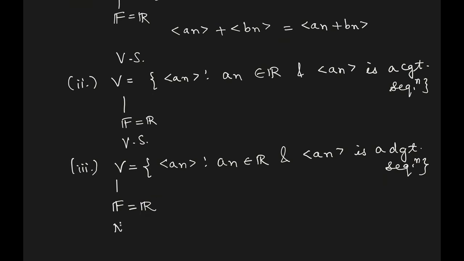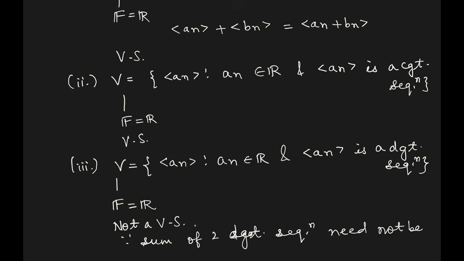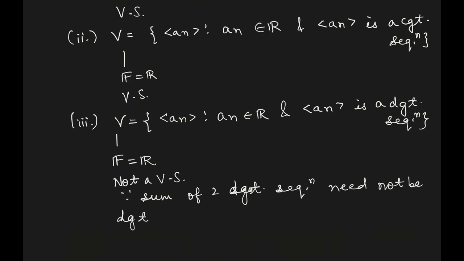Reason? Again, the sum of two divergent sequences can be convergent, may or may not be convergent. It is not always divergent. Need not be divergent always. Any example?